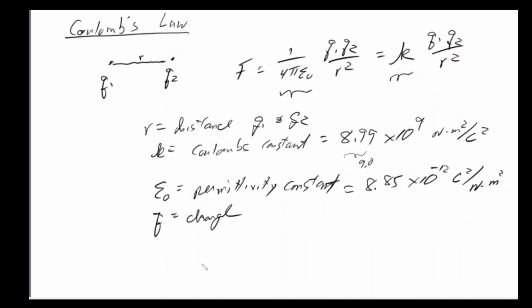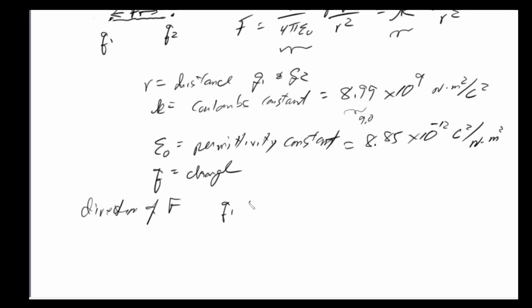The direction of the force is always along the line connecting the two particles. So the force will act along that line, and if Q1 and Q2 have the same charge, in other words, they're both positive or negative, then the force is a repelling force.